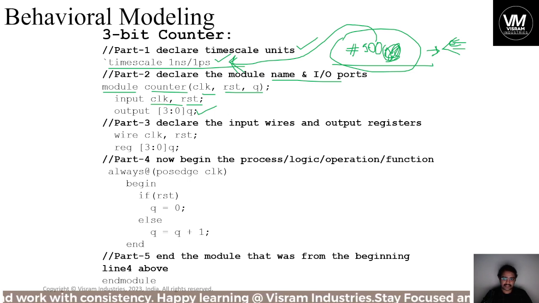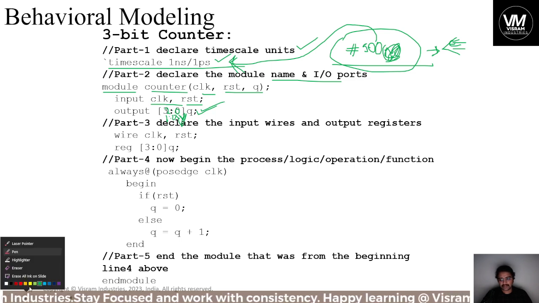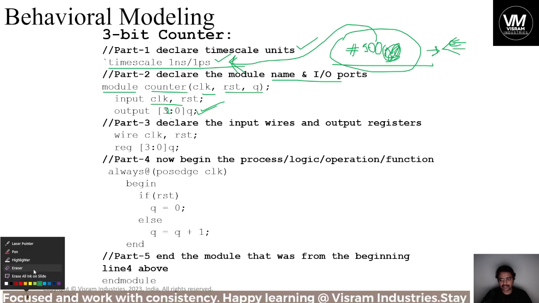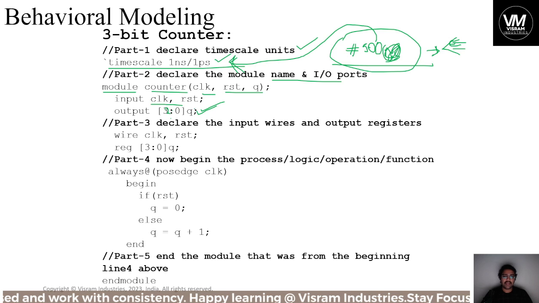But 2:0 is the exact application of the 3-bit counter. You can mention 2:0 or 3:0. So anything works fine. There is no hard and fast rule for mentioning only one specific definition. If you write excess, there is no harm in it.